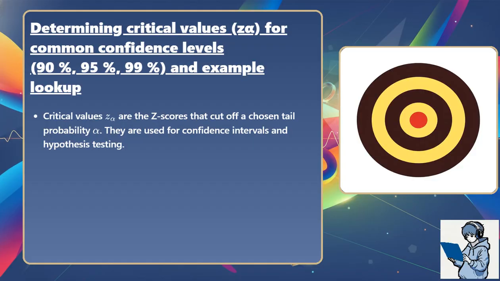Critical values z sub alpha are the z-scores that cut off a chosen tail probability alpha. They are used for confidence intervals and hypothesis testing.